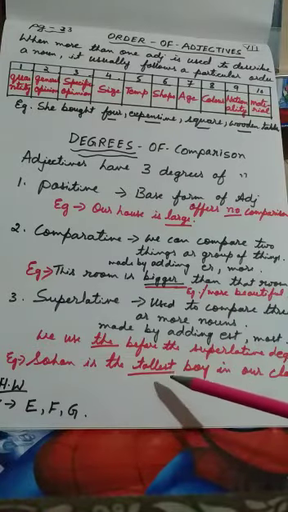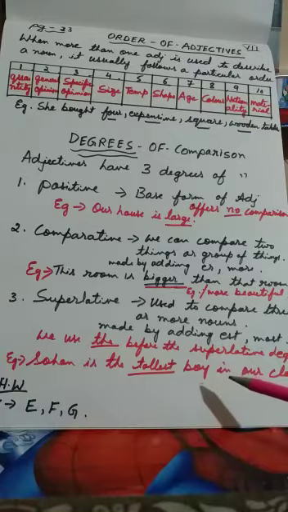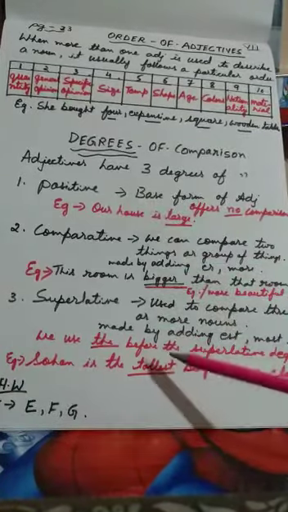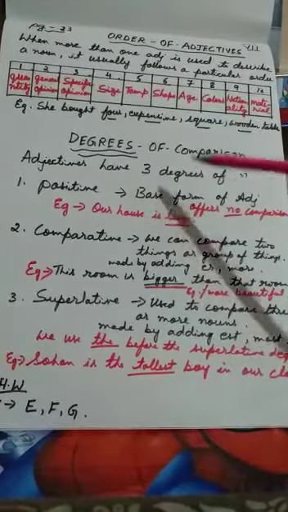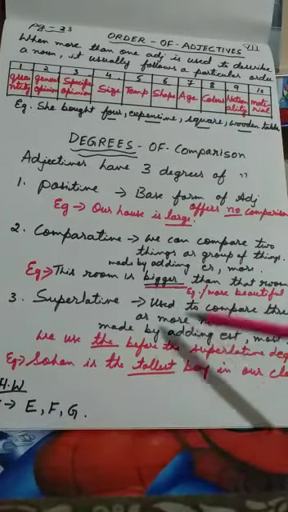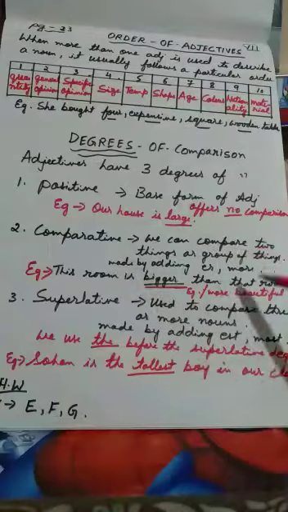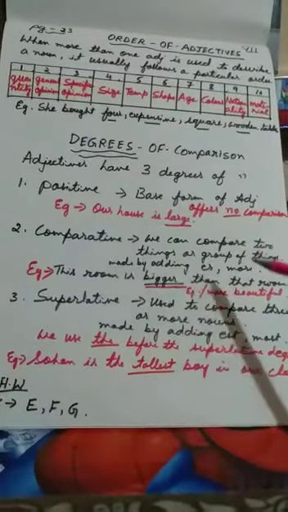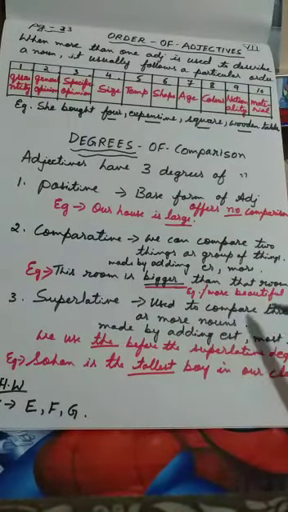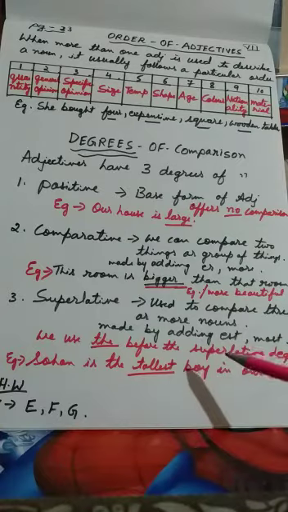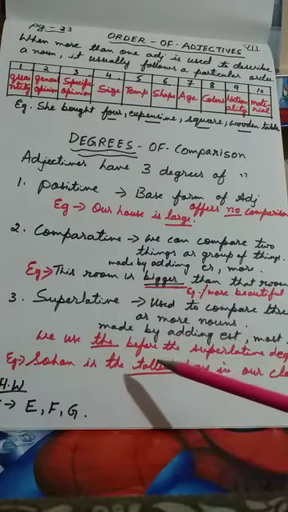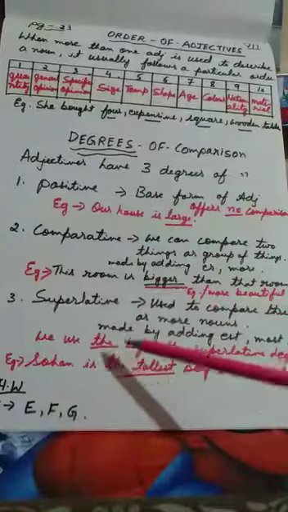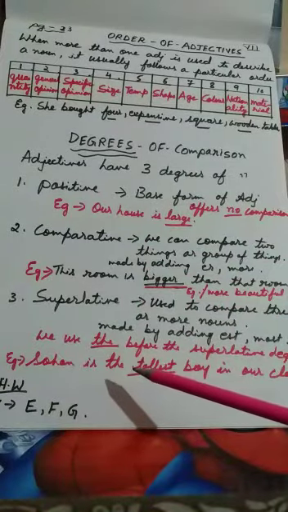By this you can see how you can compare. When two things or two groups of things are there, you use the comparative degree, and when you compare three or more nouns, you use the superlative degree. This is also very important, degrees of comparison.